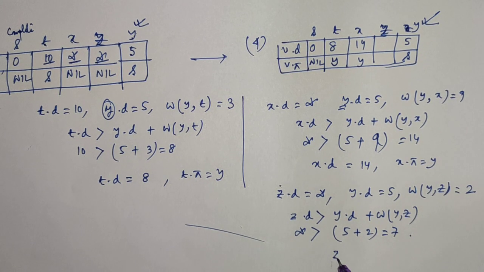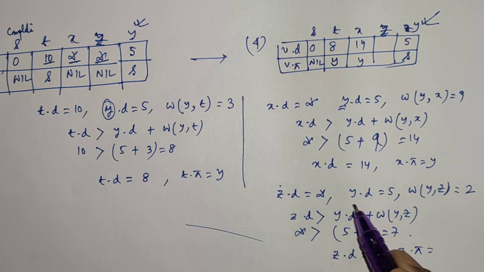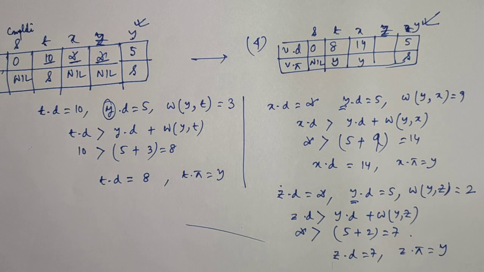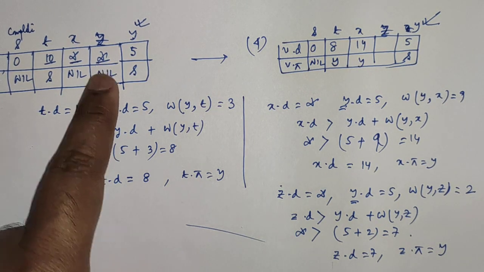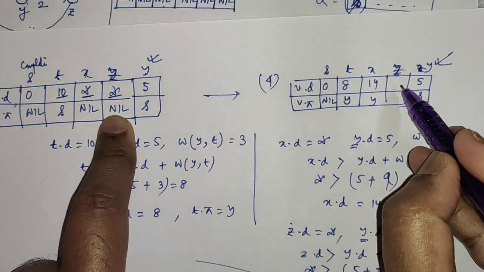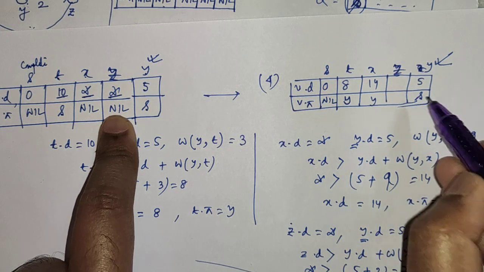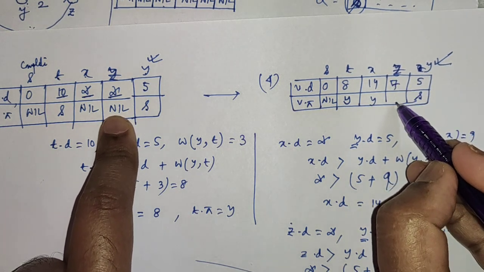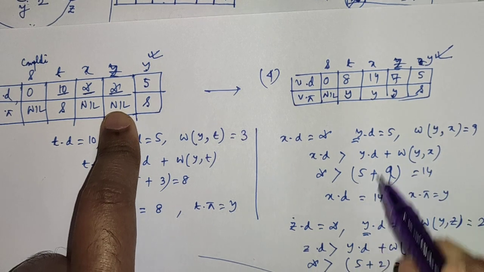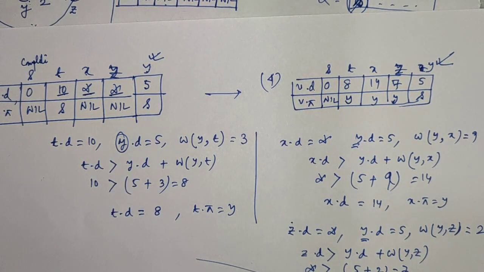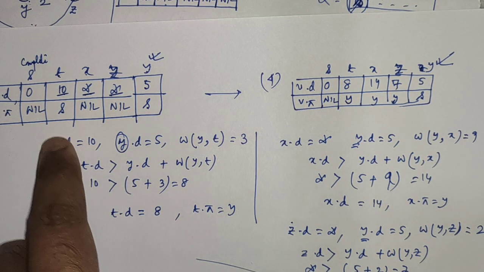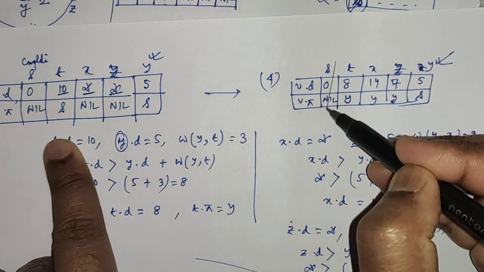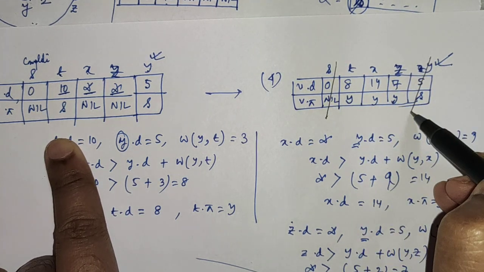So z dot d is 7 and z dot pi is y. Okay, it was earlier infinity and nil, it is now being replaced as 7 and y. Okay, so now from this table, this is done, this is done.